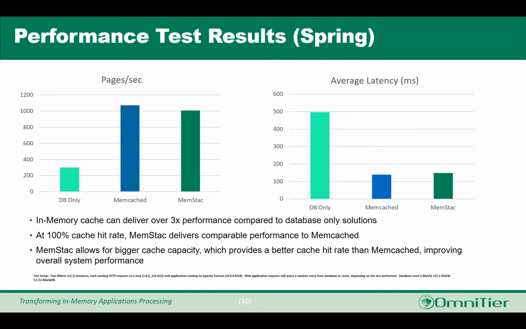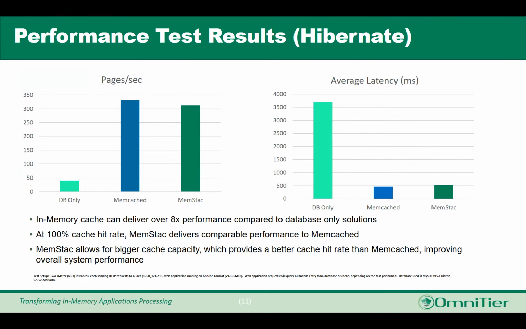The two Spring cache enabled runs, one using memcached and one using MemStac, produced very comparable results, both in terms of page requests per second and average latency. In a more realistic scenario where the data set is too large to cache everything, however, is where you'd really see the significant benefits of using MemStac due to its much higher capacity. The overall system performance would be significantly higher for MemStac in this case, as we mentioned earlier in the presentation.